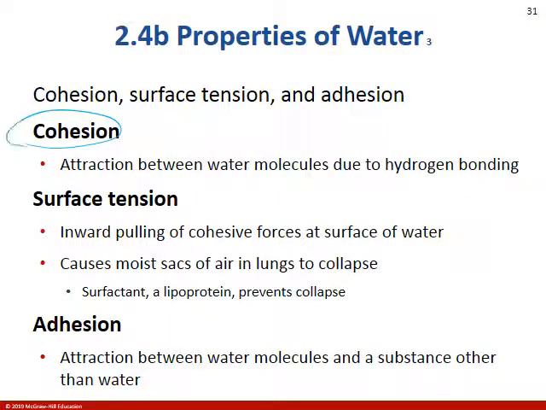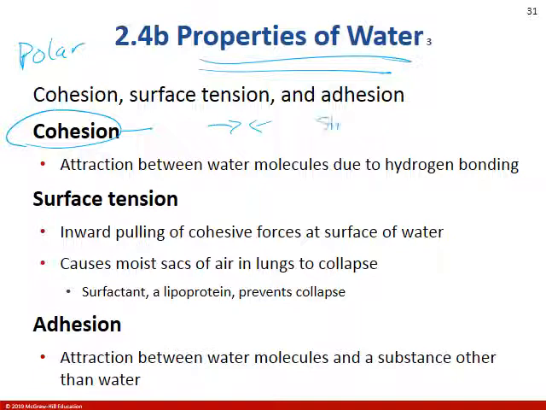So cohesion, these are all properties of water. Just like water is polar, that was a property of water. Now we're going to talk about cohesion, surface tension, and adhesion. So cohesion, water sticks together. Remember, you have the hydrogen, the oxygen, and this is slightly negative, and then you have the slightly positive of another water molecule, the hydrogen, which is slightly positive.